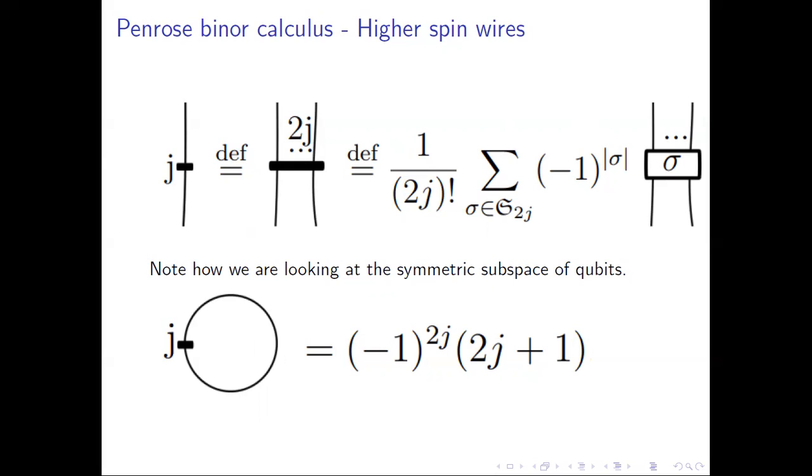If you want to move to higher spins, there is a way to do this in the binor calculus, which relates to how we'll do it in ZX and how I've talked about these things in the past. If you take n binor wires, which you could see as qubits, if you like, with some rotations on them, and you project to the symmetric subspace, then you get the higher spins. Specifically, if I take n spin halves, then I will get spin n over 2 when I take the symmetric subspace. That is literally the space it takes you to.